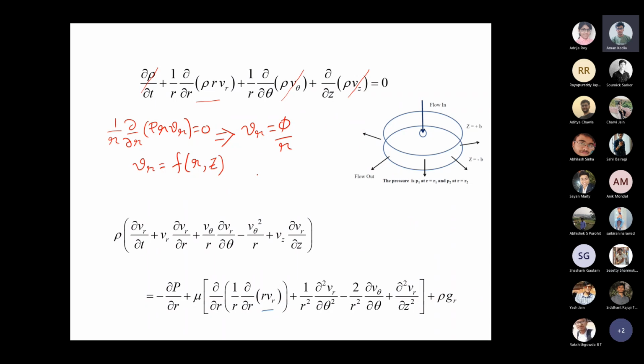Right. So as we move out in the radial direction, the extent of area available, which is 2 pi r multiplied by 2b, keeps on increasing. So obviously, since the area is more, the mass flow rate is constant, so the velocity has to decrease. So what we have then is vr is a function of r and z.